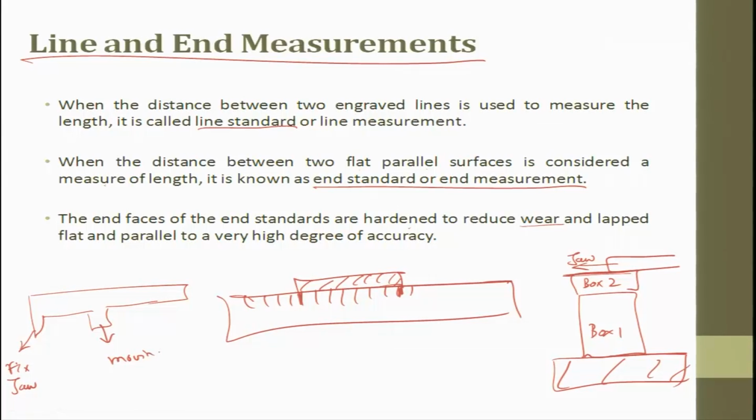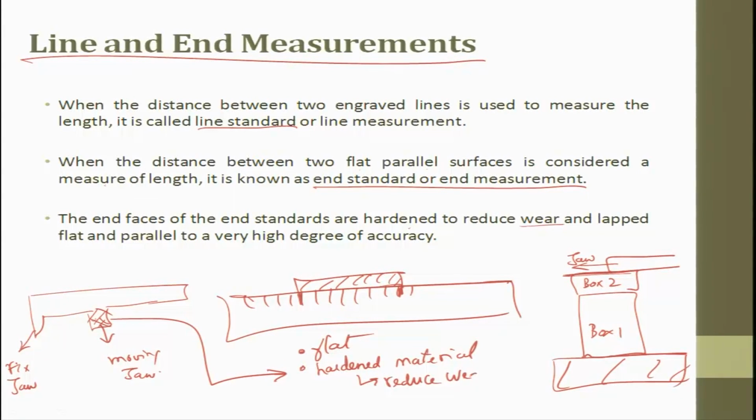What we are talking about is this surface. It has two points. One, it has to be as flat as possible, and second, it has to be a hardened material, so that whenever it is in contact with any material, it reduces wear and tear of the jaw. Why? Because if there is wear and tear, naturally it is sliding on the main scale, so the reading you get will be inaccurate.